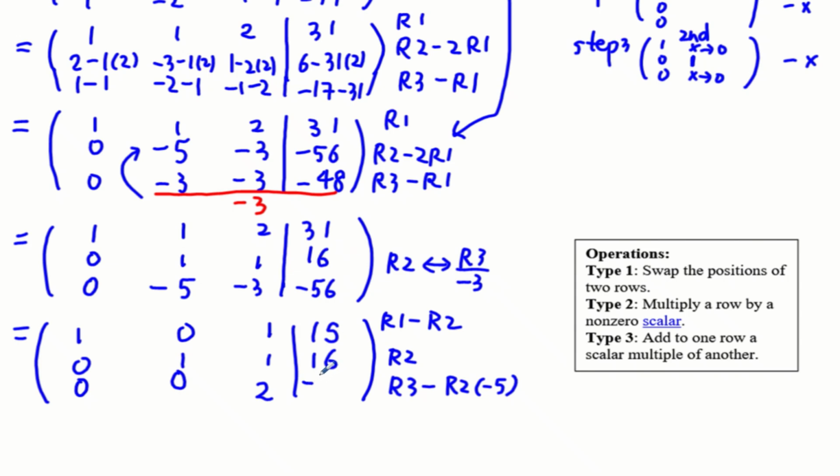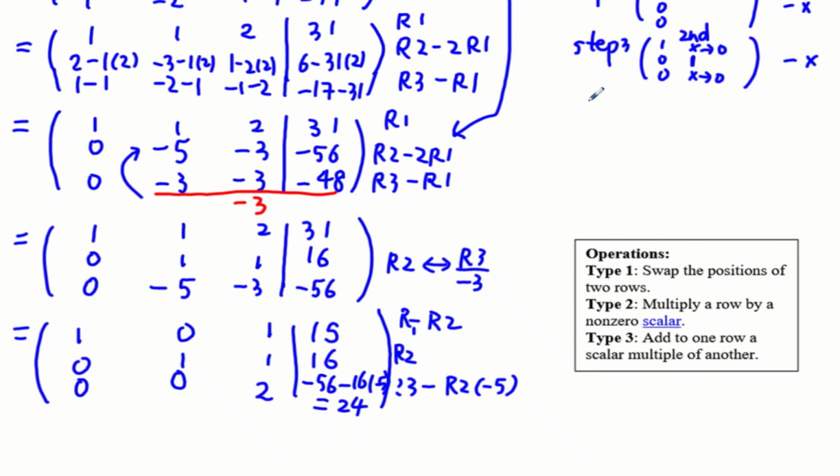So we could write -56 minus 16 times -5. I will just write it a little bit bigger. So this one minus 16 times -5. Then it will give us 24.